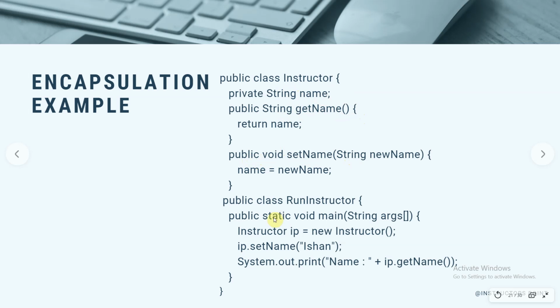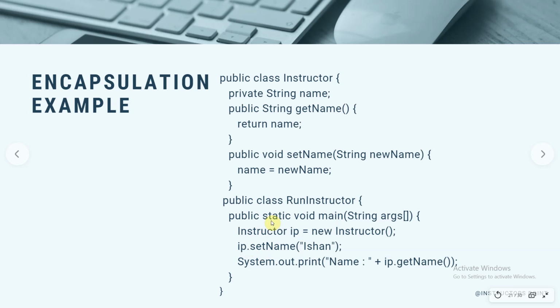Now I have defined another class, public class RunInstructor, and here I have defined a main method, and within that I have made the object of the instructor class. To define the object of the instructor class, we just need the new keyword.